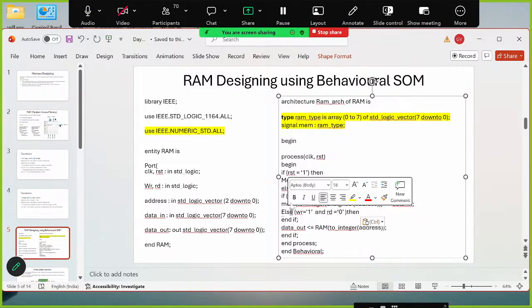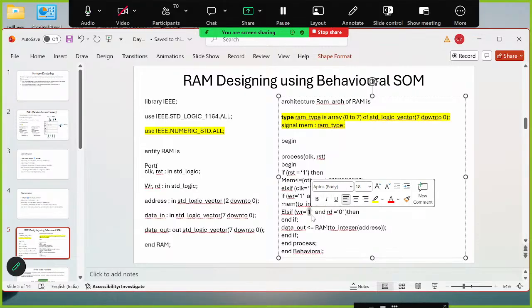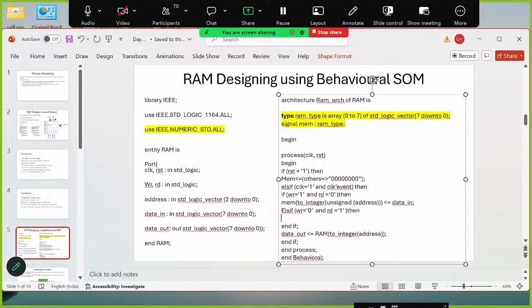Or I should write else if only, write equal to 0 and read equal to 1, then the same thing should be done over this side. Data out gets the value of RAM.